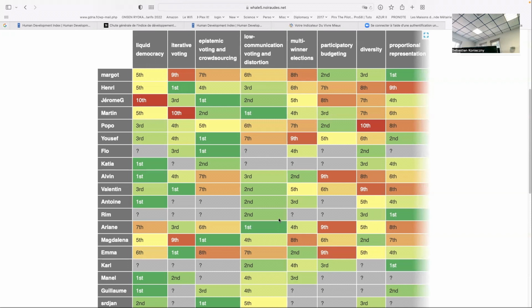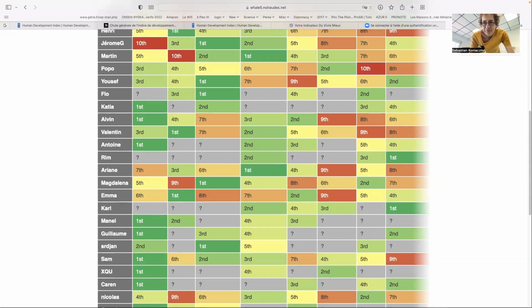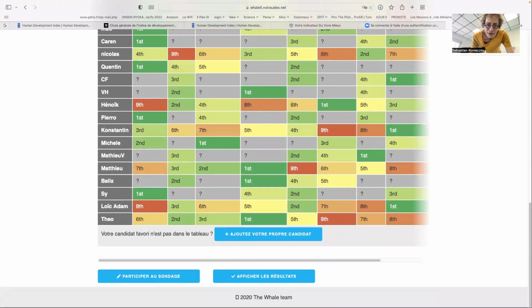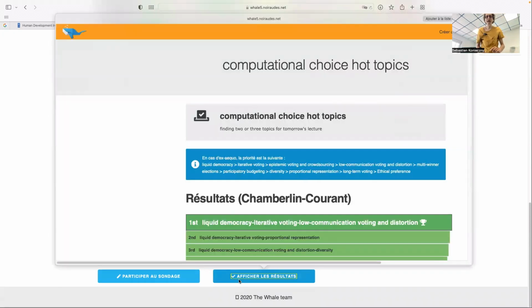Bad luck. And the 3 winners are indeed, using Whale, liquid democracy, iterative voting, and low communication voting and distortion.